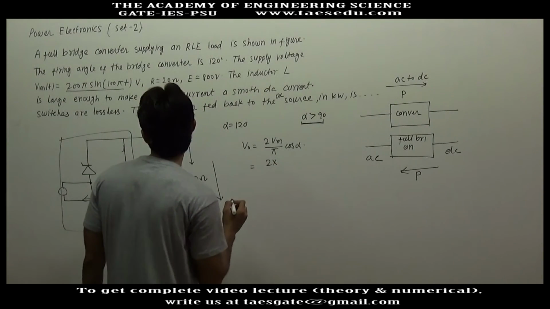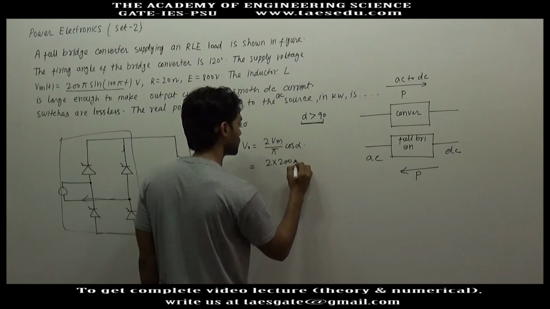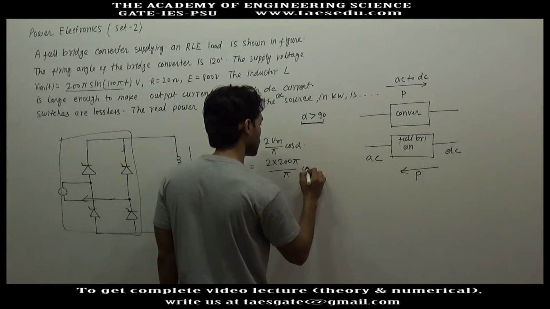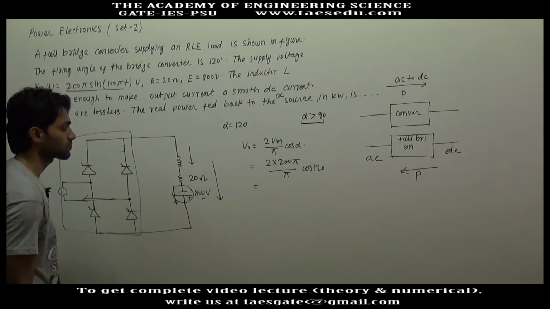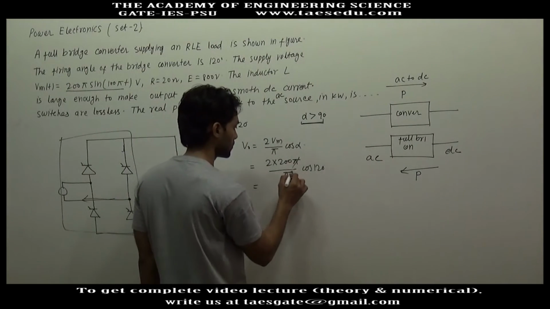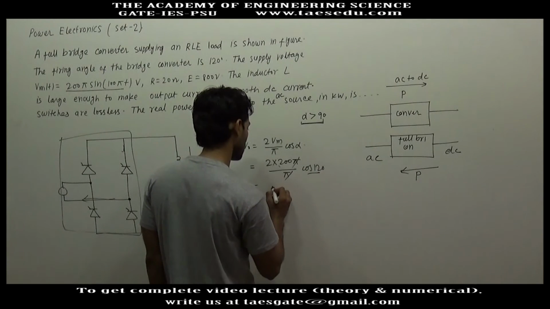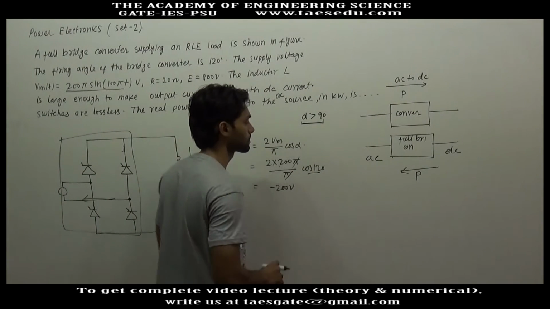2 Vm is 200 pi, divided by pi, cos 120 degrees. This will give you 400 into minus 1 by 2, that is minus 200 volt.